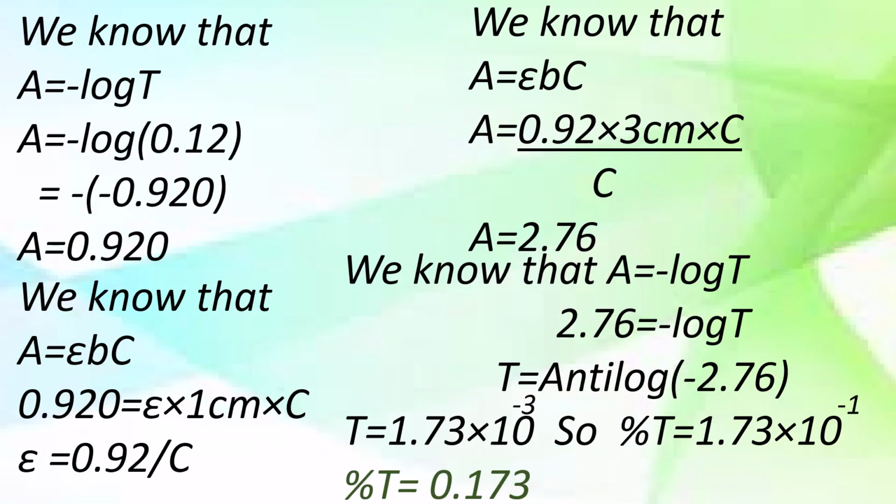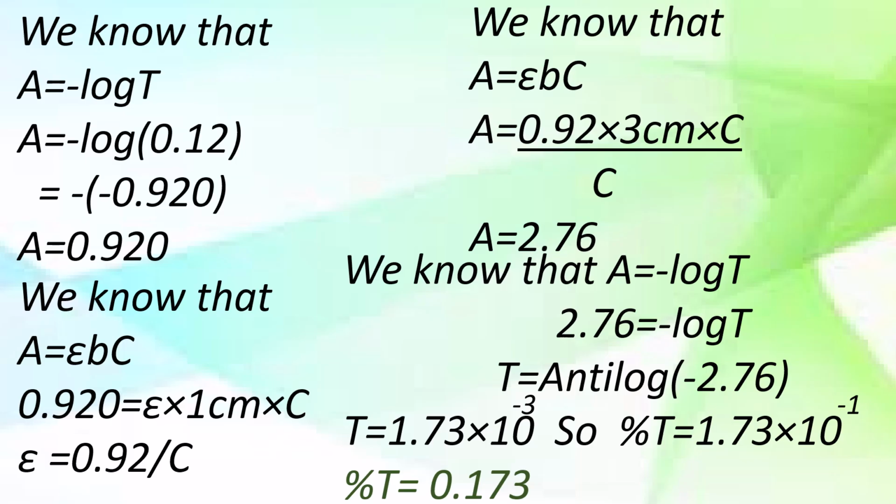Now, we know that A is equal to negative log of T. A is absorbance and T is transmittance. So we will place the value of transmittance in this formula. A is negative log 0.12. After taking log, answer appears minus 0.920. Negative and negative become plus. So absorbance is calculated to be 0.920.